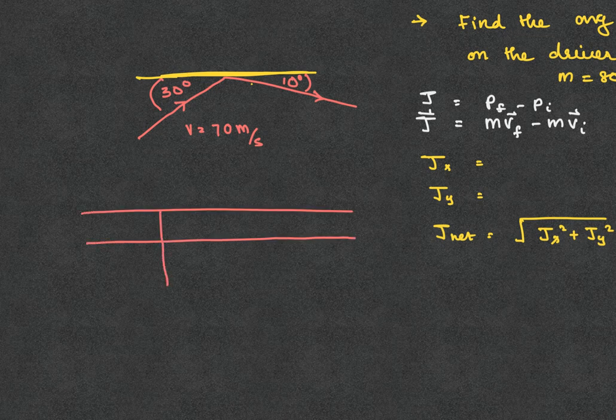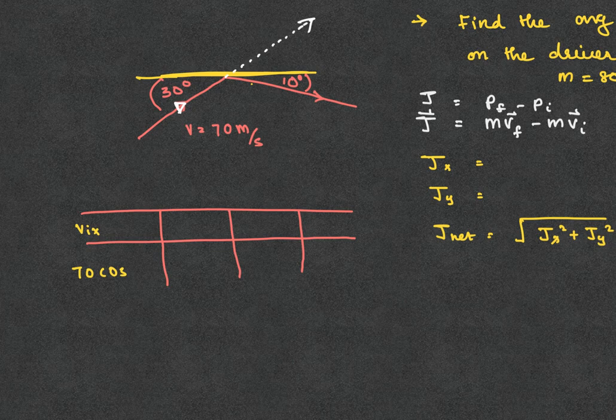Now the most important thing here is finding the velocity components, because in order to find the x component impulse and the y component impulse, you need to find the x component velocity and the y component velocity. So initial x component velocity is 70 cosine of the angle. Now we have to find out what the angle is. In the class I was very clear about these directions. The direction here is pointed toward the center. When something is pointed toward the center, we always have to extend it and point it away from the center.